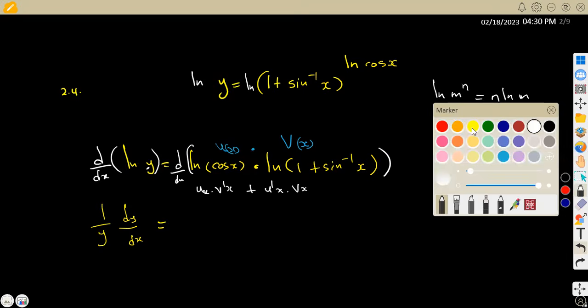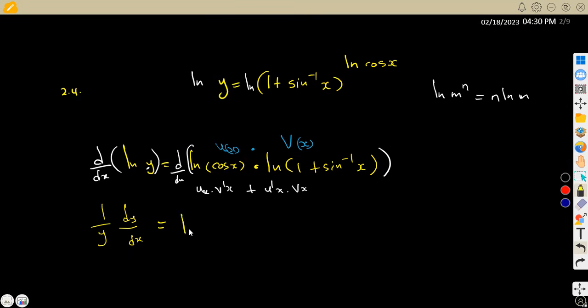So u(x) is ln cos x, and this part is not going to change. You write it as ln cos x, by the first derivative of v, which is our v(x). To find the first derivative, take note, guys, this is ln of a certain function, so we are back to a function of a function.